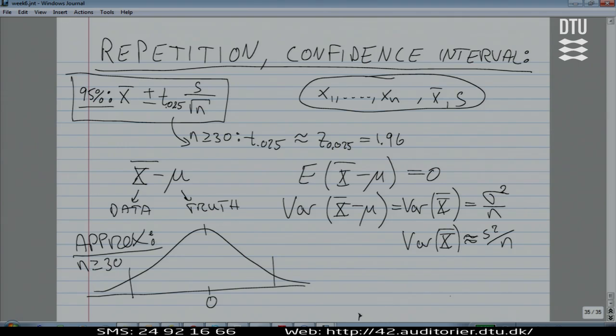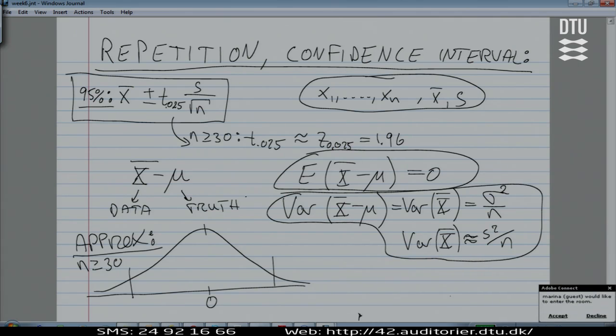So we not only know the mean of the error we make, and the variance of the error we make, we also know the distribution. The distribution to be used to put probabilities on what we know is either the normal or the t distribution. That's what we saw last time.